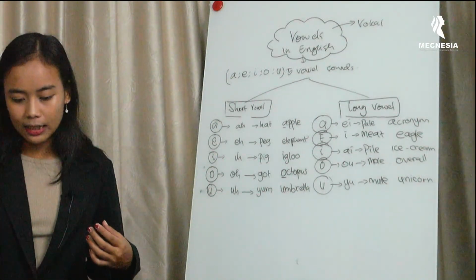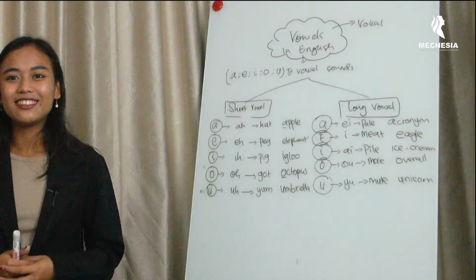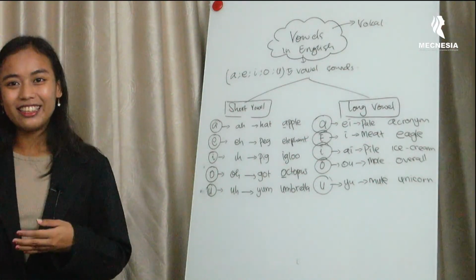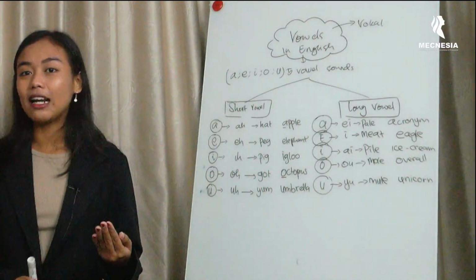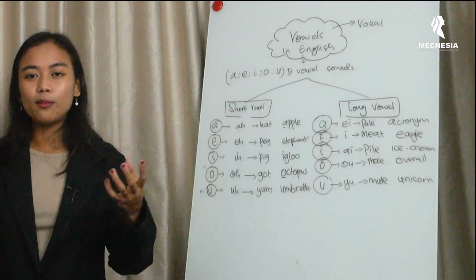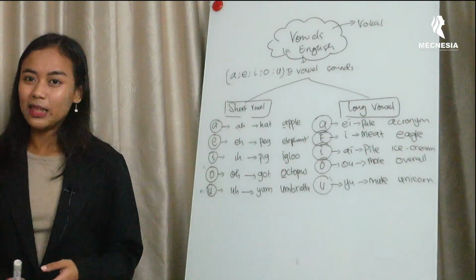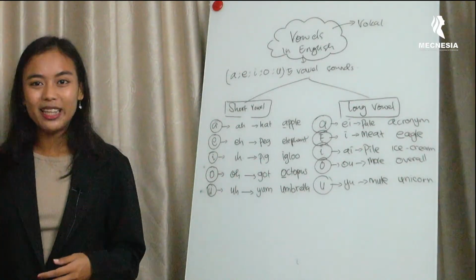The next one is appeal. Let's try it together. Appeal. So, bleeding means berdarah, dari kata bleed. Next, appeal means meminta.